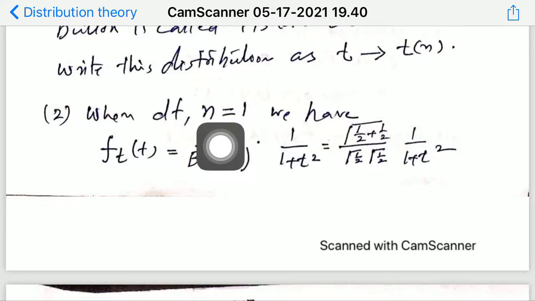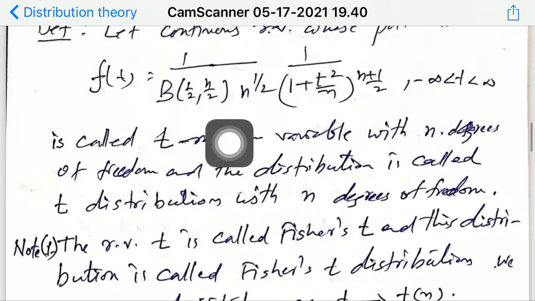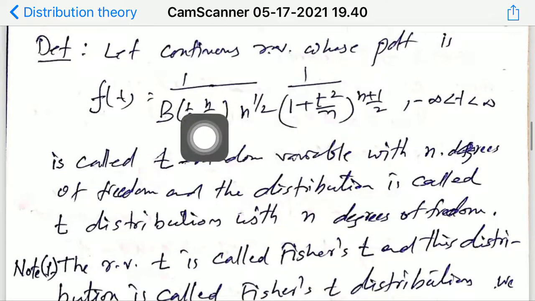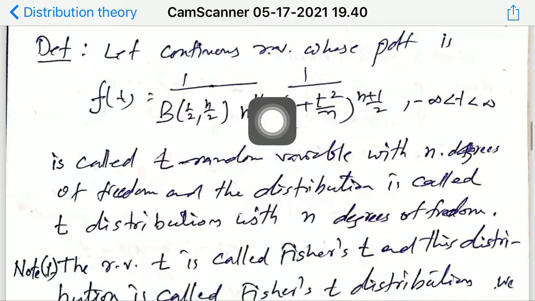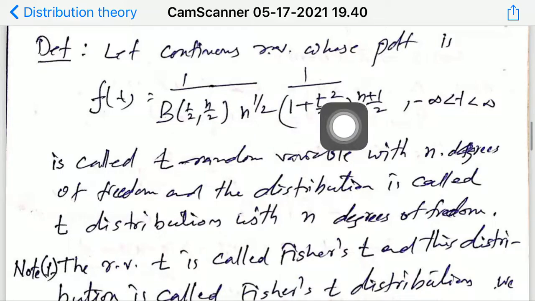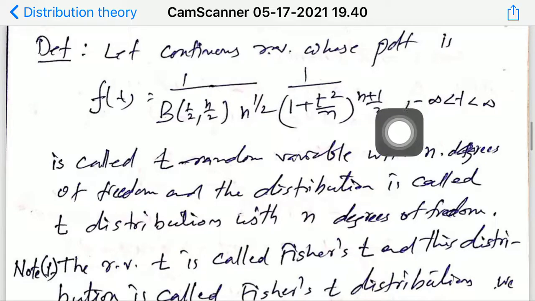When you substitute n is equal to 1 in your t distribution, you will see that it is equal to beta of 1/2, 1/2, then 1 to the power of 1/2, that is 1, then 1 plus t square by 1, that is 1 plus t square to the power of (1 plus 1)/2, that is 1.